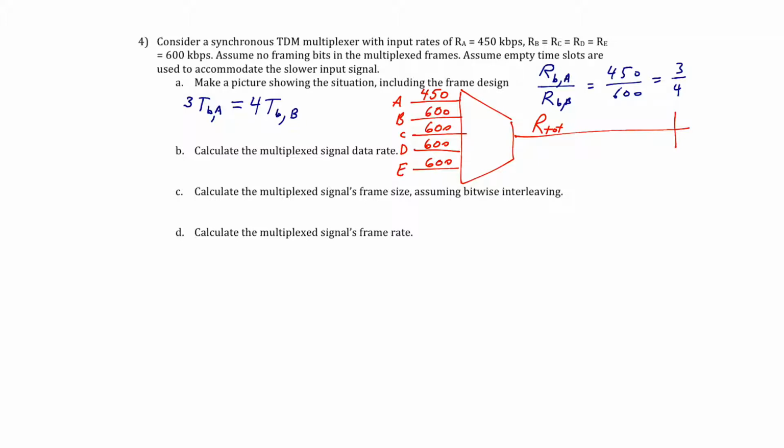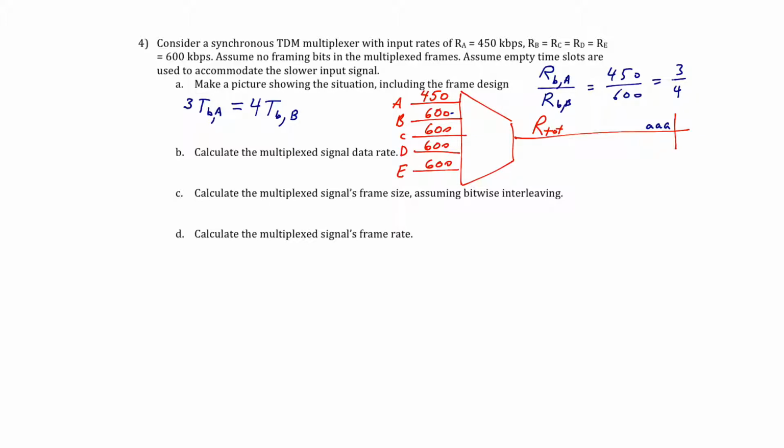In any case, if we wait long enough that 3 bits from source A arrive, then we're going to have 4 bits from B, 4 bits from C, 4 bits from D, and 4 bits from E. And this can be our frame design then.